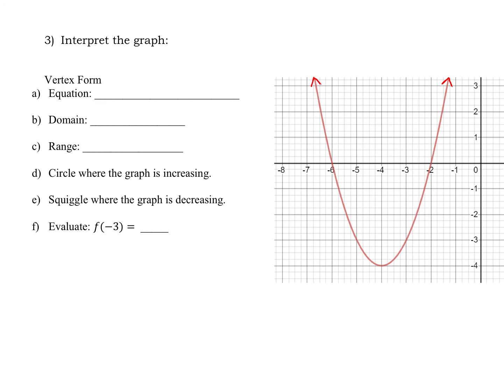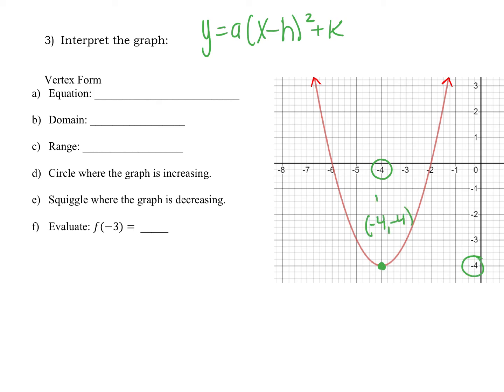All right, so now I've given you a graph, and let's write the equation. So first, let's look at where my vertex is. So again, my vertex form is a times (x minus h) squared plus k. So my vertex is right here, so it's at (-4, -4).